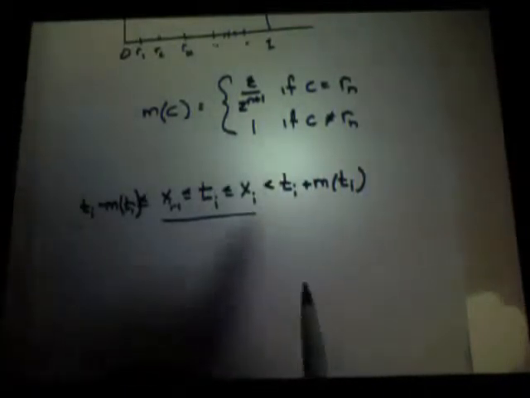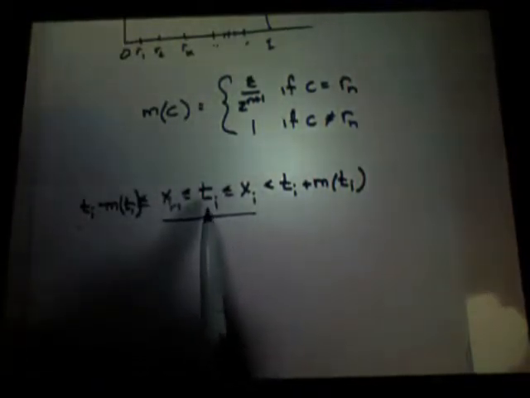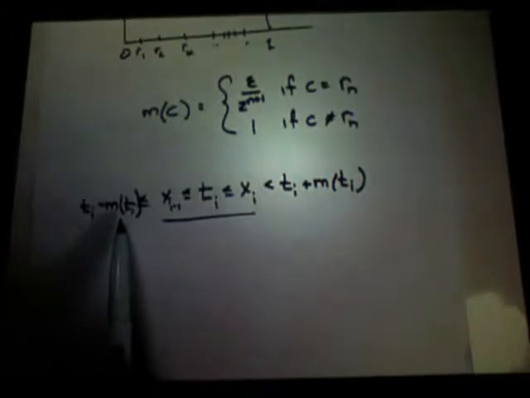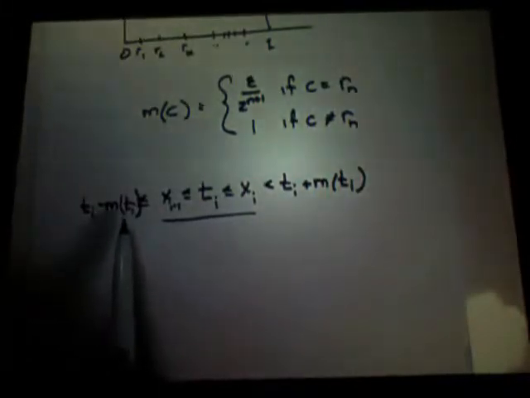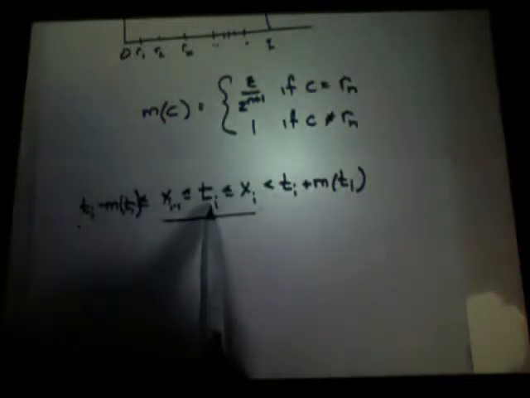Intuitively, if bad things happen around the point Ti, what I would like is for M of Ti to be small, mesh fine, small, so that this is just a tad below and this is just a tad above.